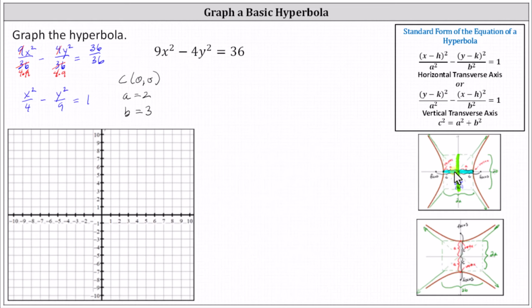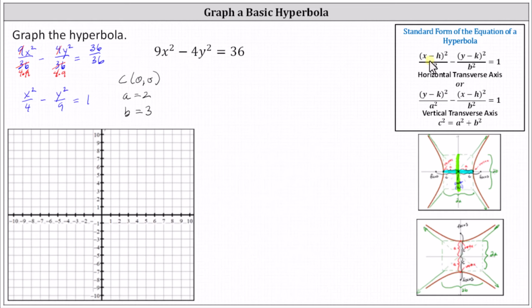Once we have the rectangle, we'll sketch the asymptotes, which pass through the diagonals of the rectangle, and then from there, we'll make a nice accurate graph of the hyperbola. Notice the endpoints of the transverse axis also give us the vertices of the hyperbola.